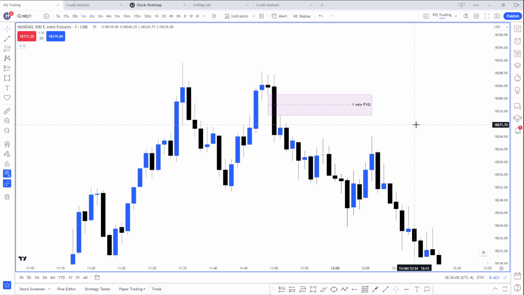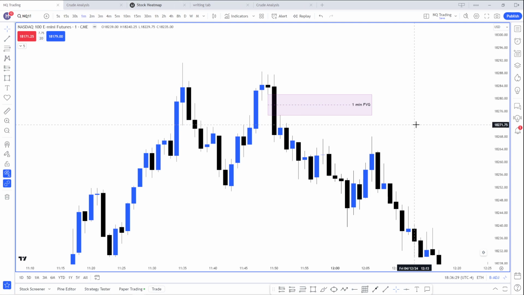Okay, and that is an important concept that we're going to use in some trading strategies, in being able to read the market, also in higher time frame analysis. So you should take some time, go back into your charts and look for fair value gaps.